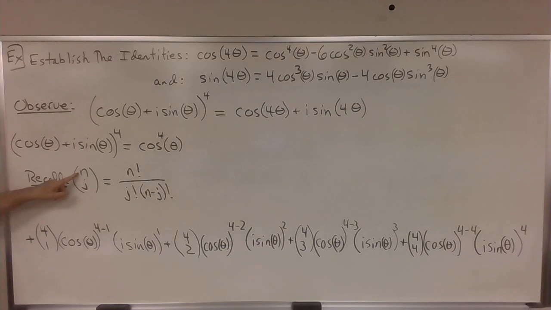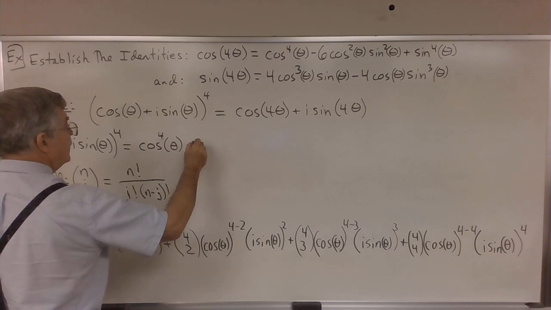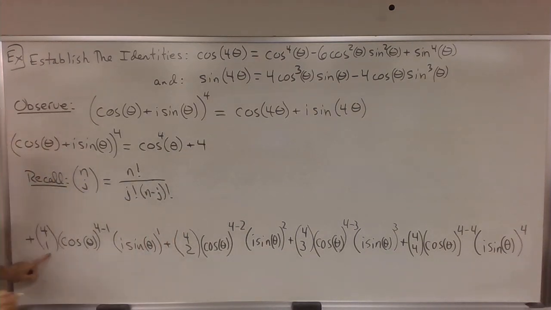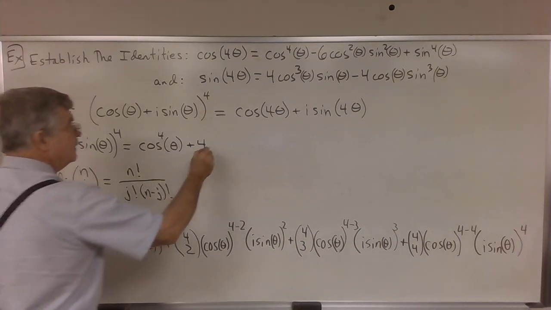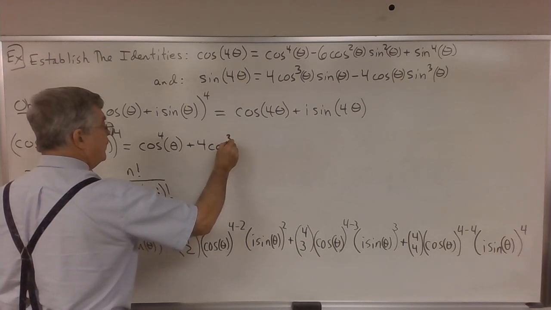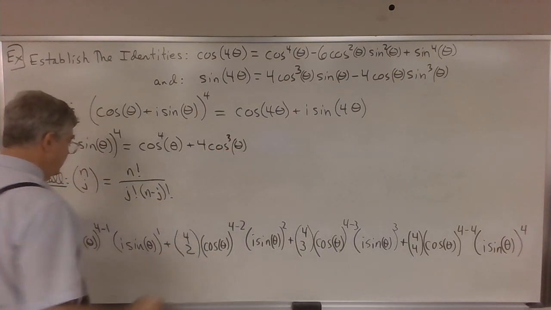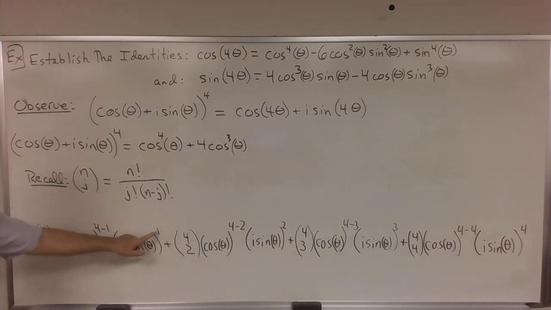If we plug in 4 for n and 1 for j, this will work out to be 4. So 4 times cosine to the 4 minus 1, or cosine cubed, and i sine theta to the 1.